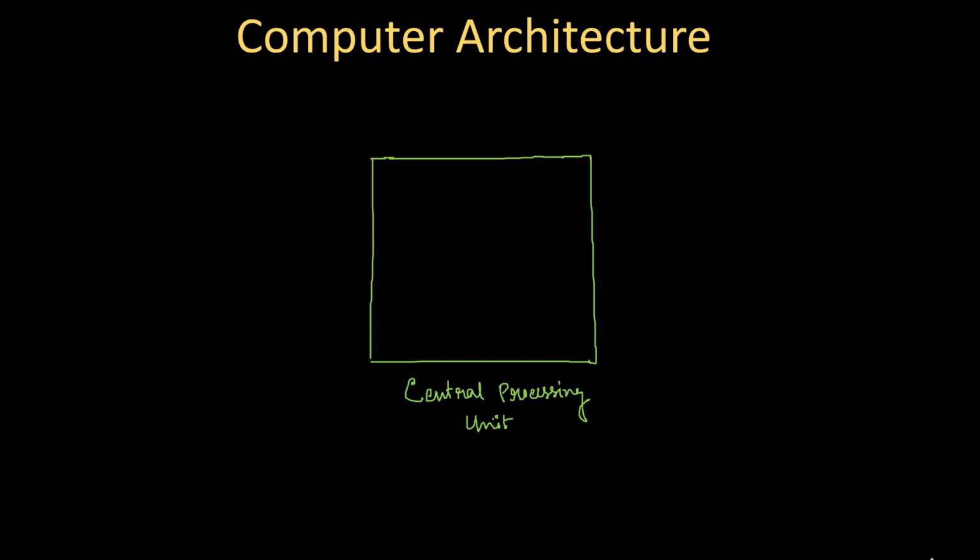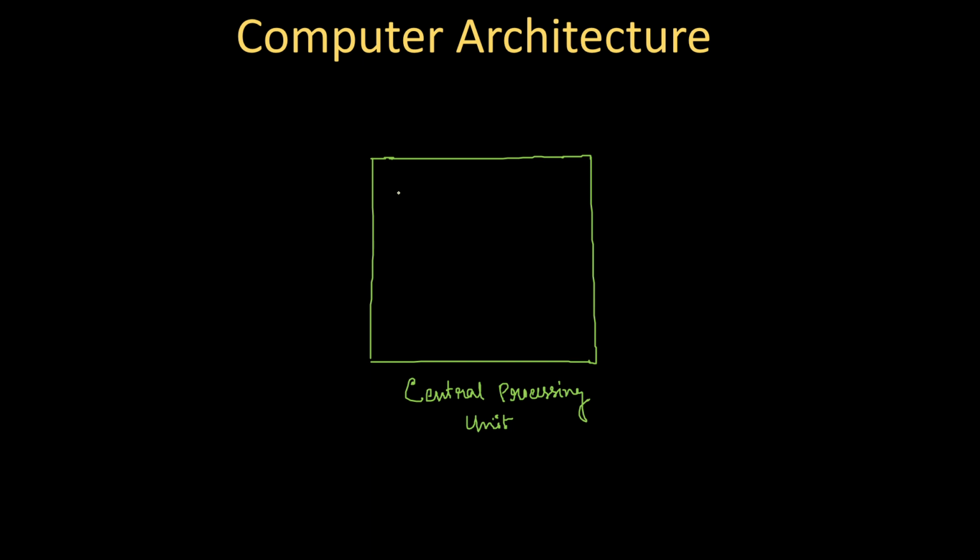Now this input and output device is just acting as a supporting device to get some data into this central processing unit, but most of the actual functionality is present in this CPU, right?